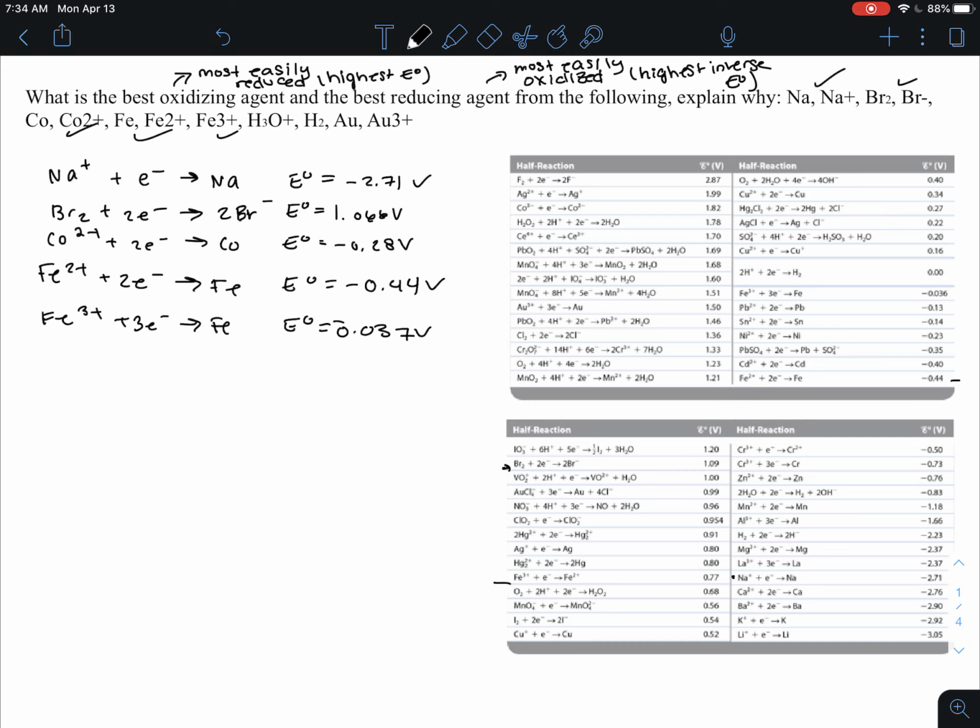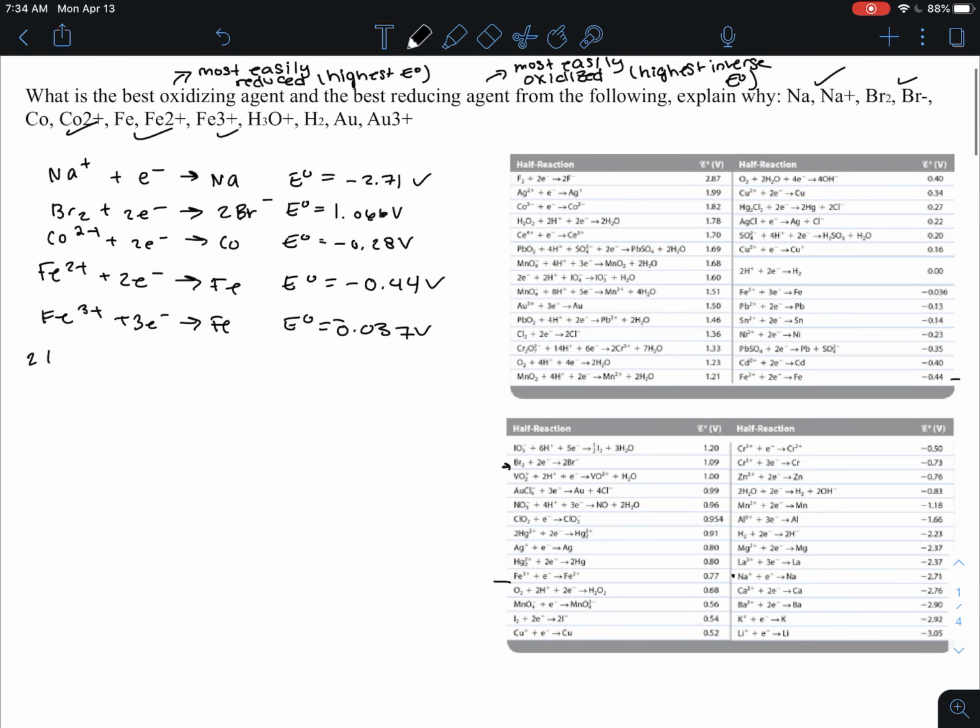And then I have hydronium ion. Now, where's my hydronium ion? I don't think the hydronium is on here, so you would look at another resource.